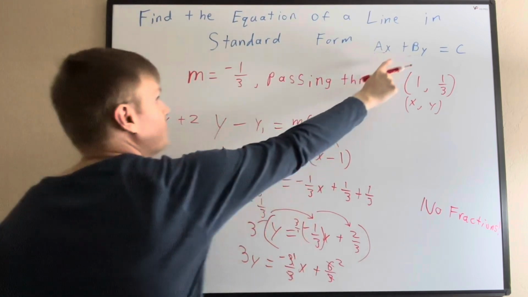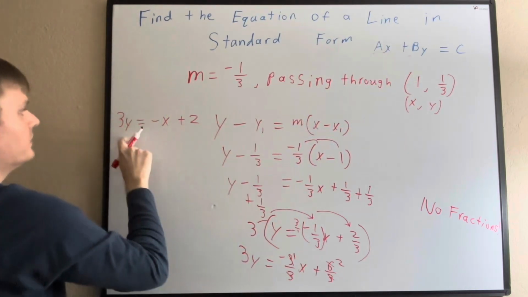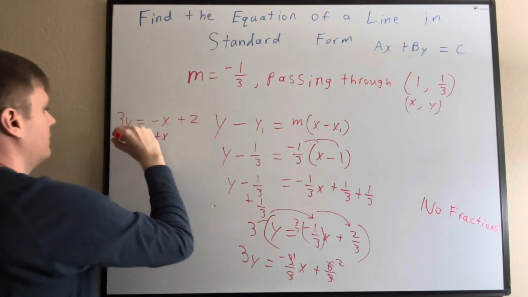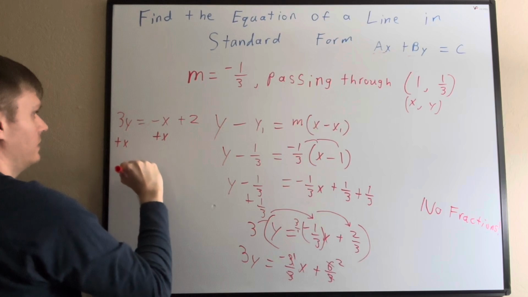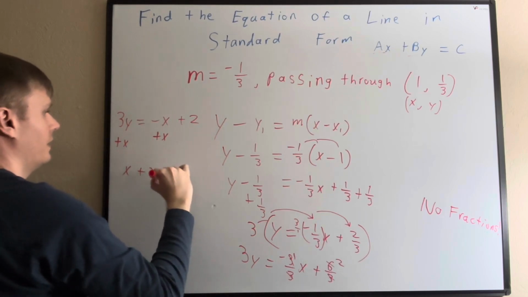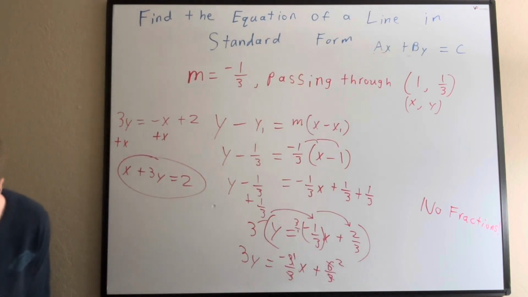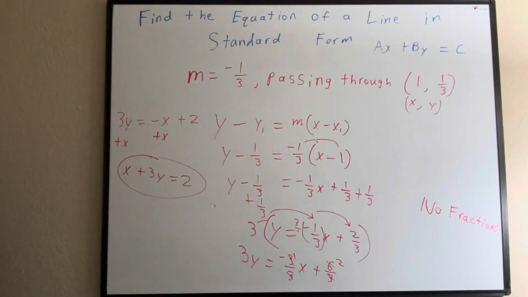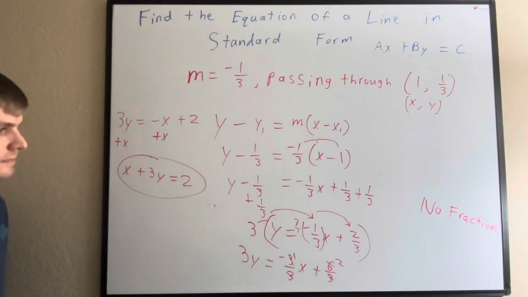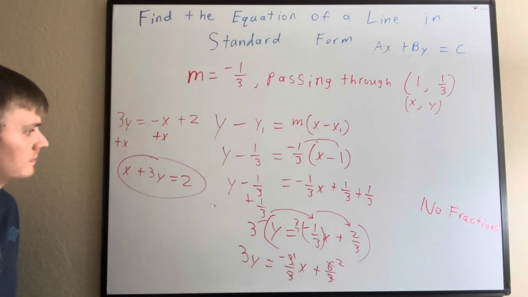And now we're so close. We just need to move the x over here. So we're adding x to both sides. And it's just x plus 3y equals 2. And that is the standard form. Thanks for watching.